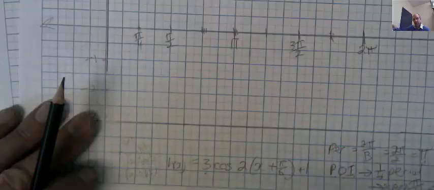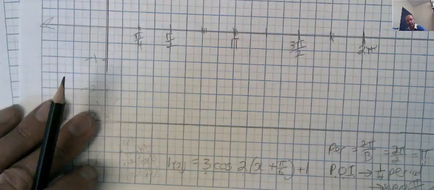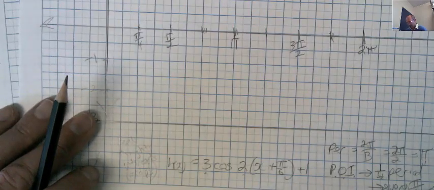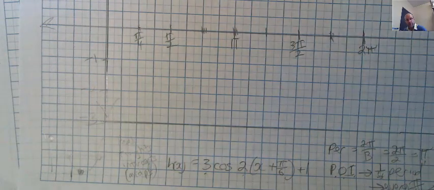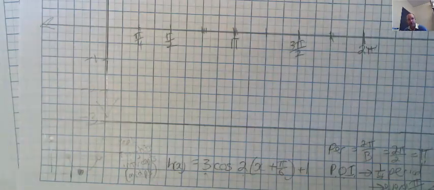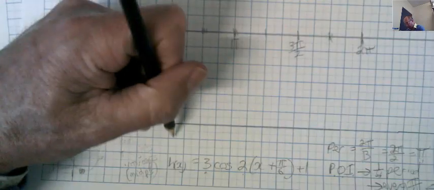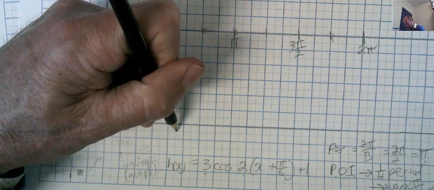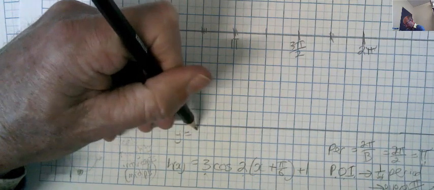Just going to turn that light down a bit so you can see it. How's that? And time to start sketching. You should sketch this in phases. So the first phase is basically just looking at the graph of y equals 3 cos 2x.